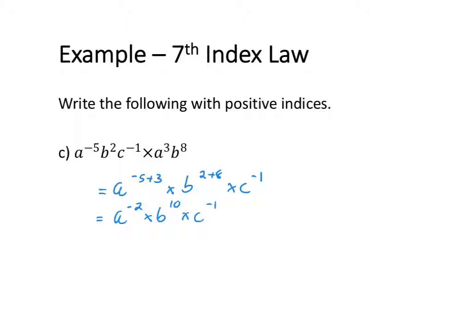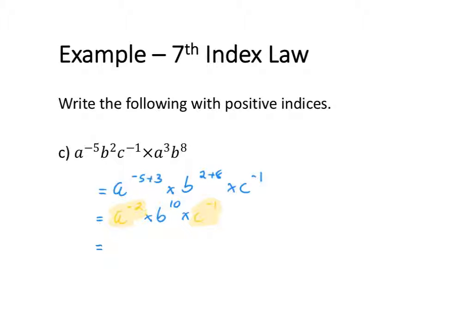Now that I've simplified, I can go ahead and see where my negative indices are. I've got a negative index for a to the power of negative 2 and a negative index for c to the power of negative 1. Now, using the seventh index law, I can move both of those down to the denominator because at the moment they're up the top in my numerator.